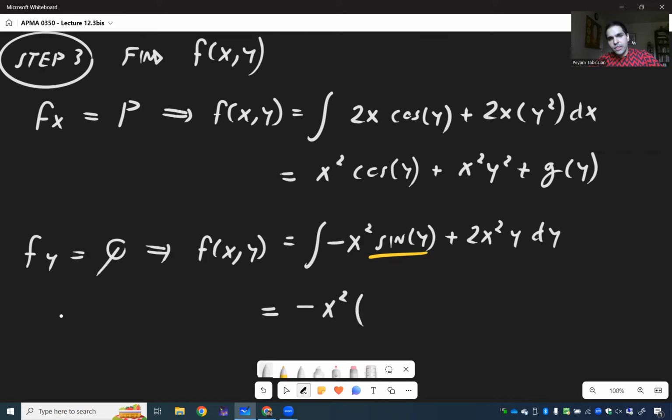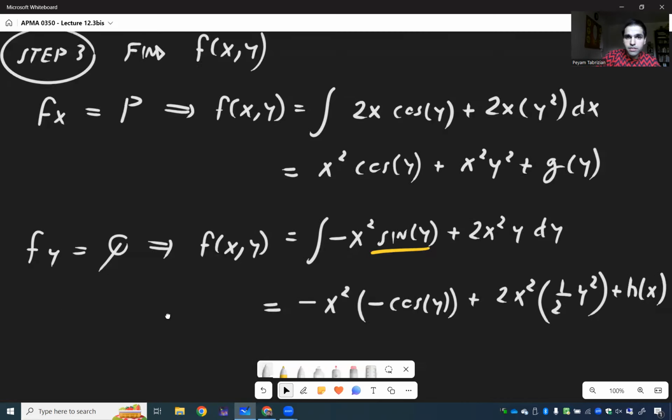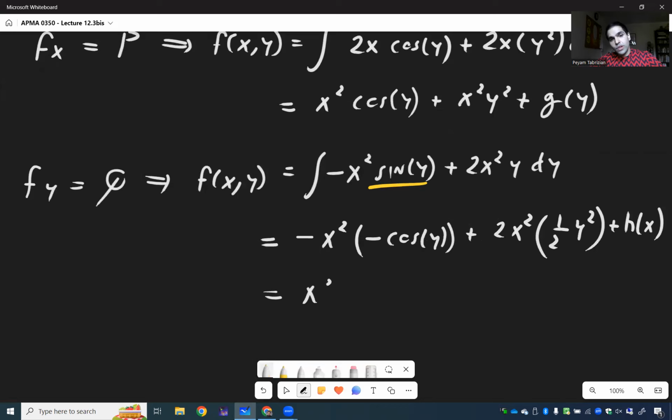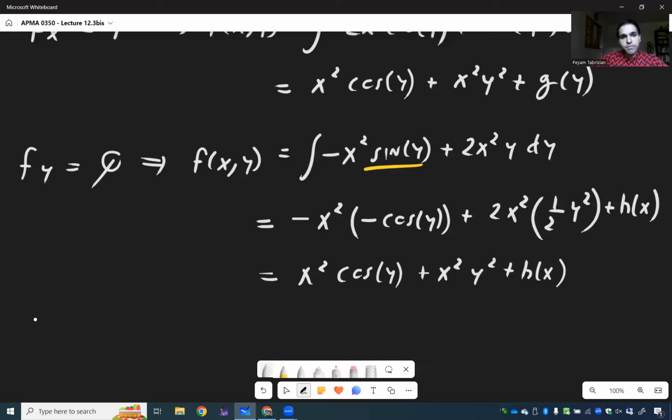So minus x² times minus cos y, and then plus 2x² times 1/2 y², plus a constant with respect to y, so any function of x. And we get x² cos y plus x² y² plus h of x. So what is our function? f of x, y is x² cos y plus x² y².